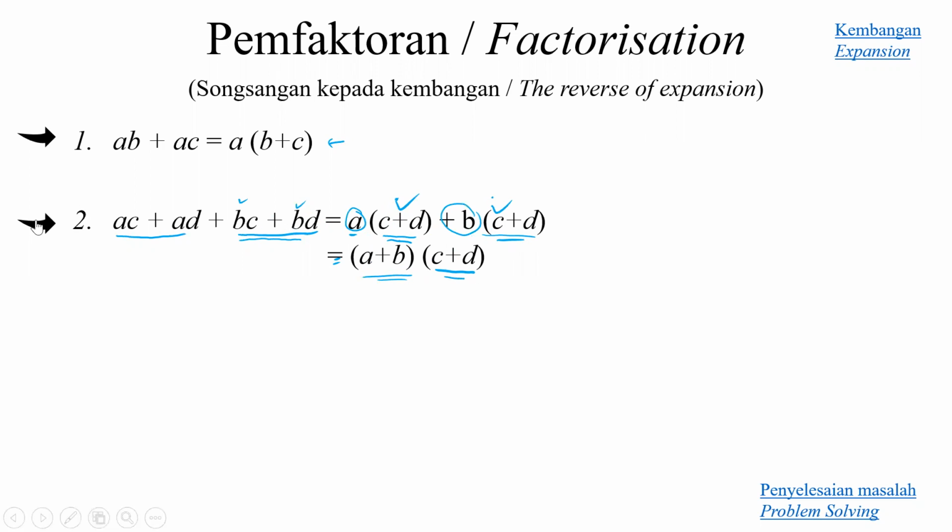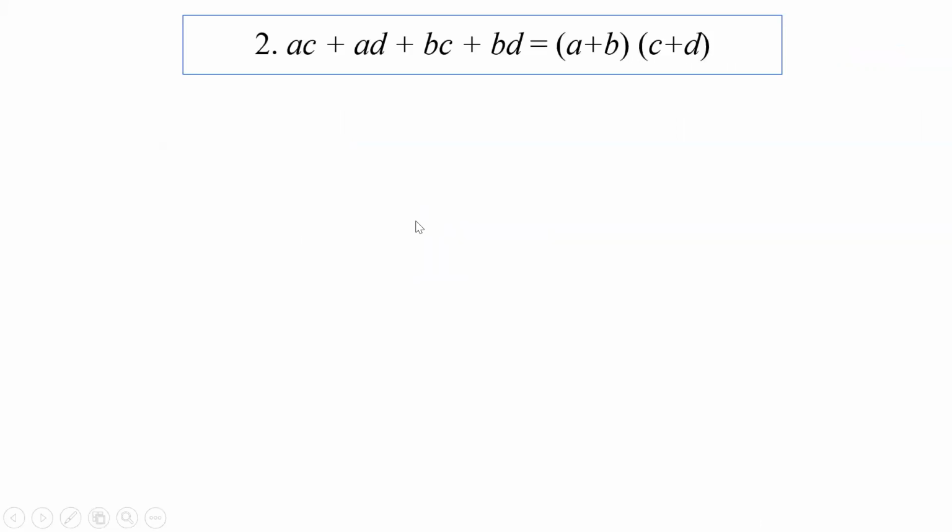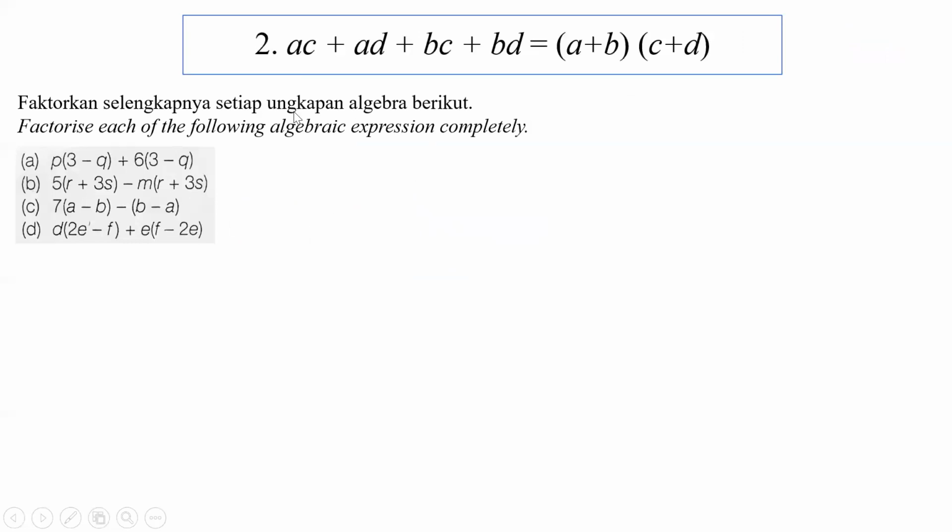Now let's see what questions we can use to apply this. First of all, let us practice the factors, the linear expressions, which happen to be our factors here. For A, we have P times 3 minus Q plus 6 times 3 minus Q. Isn't 3 minus Q the common factor?